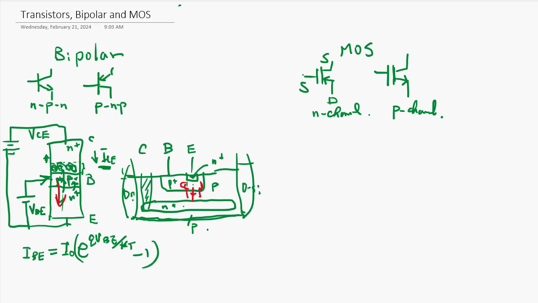Okay, remember this is important. And once sufficient carrier is injected here, then this becomes like a conductor. So ICE starts flowing.